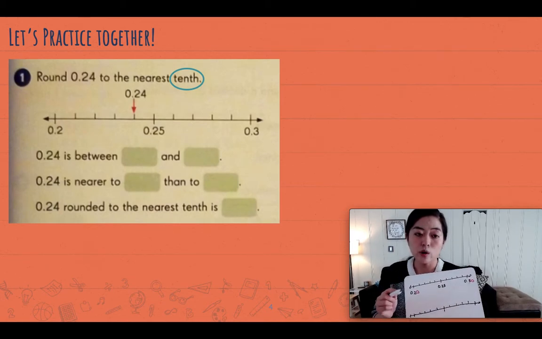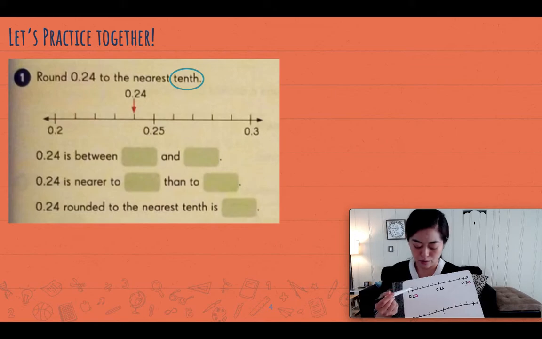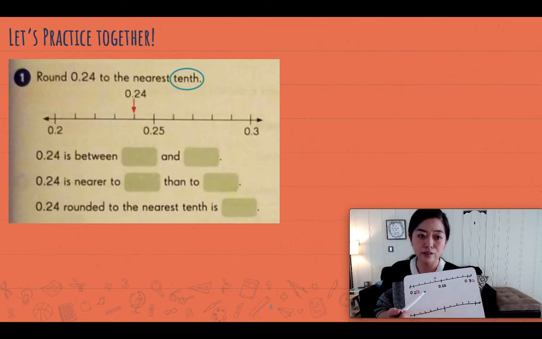And 24 hundredths is near to, so let's see, this is 20 hundredths, 21 hundredths, 22 hundredths, 23 hundredths. This is 24 hundredths. Is it nearer to 20 hundredths or 30 hundredths?